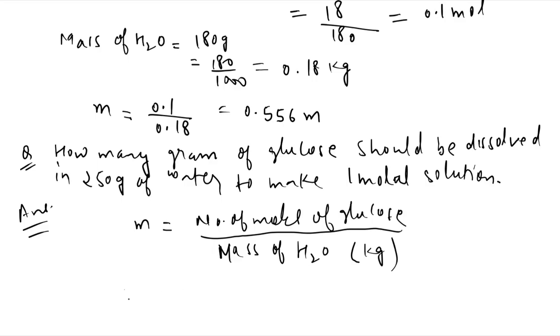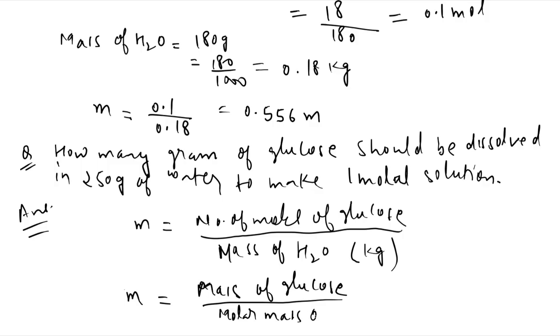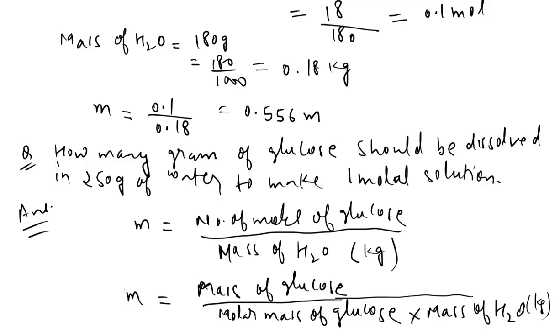Okay, so this can be written as number of moles of glucose as mass of glucose divided by molar mass of glucose, and multiplied by mass of water in kg.